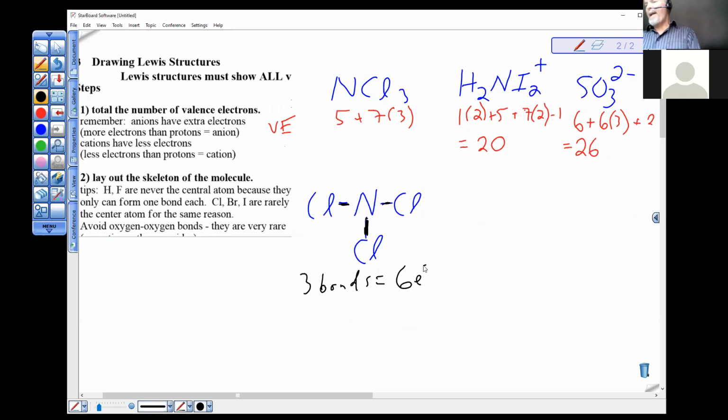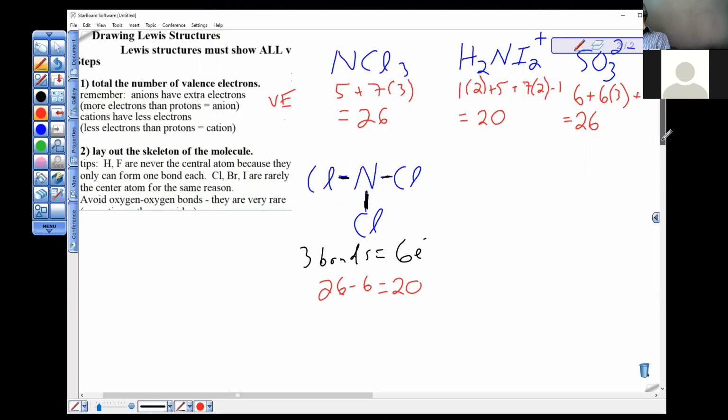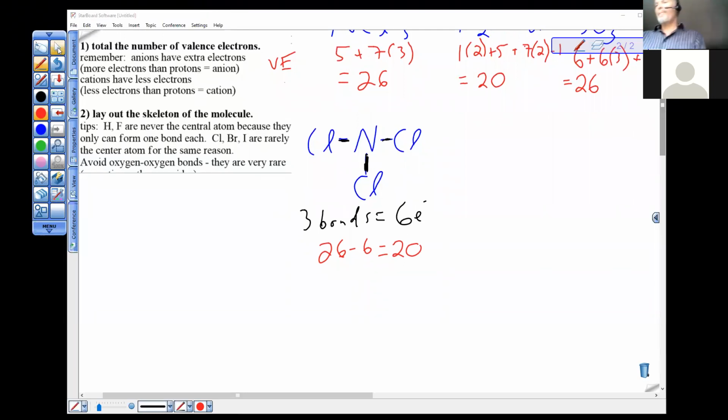So I never added up my original total here. We're supposed to have 26, 21 plus 5, 26 minus 6. We've got to come up with 20 more. Why don't we finish NCl3 and then move on to the other 2? 20 more. Where are we going to put them?